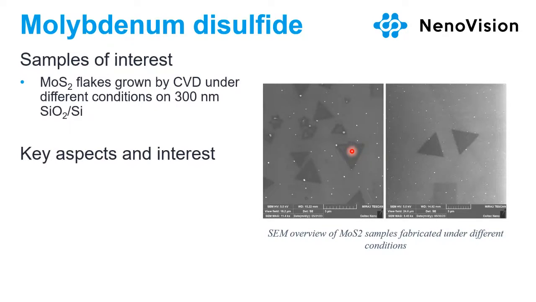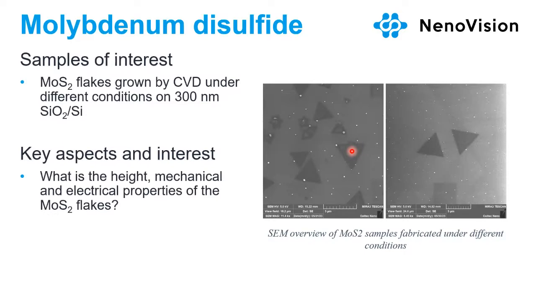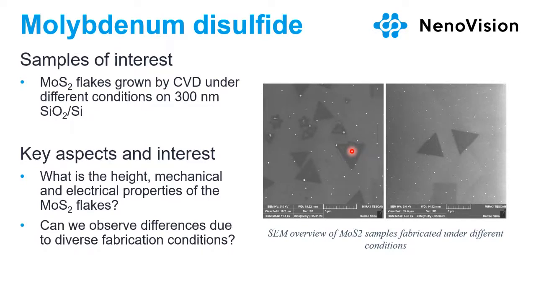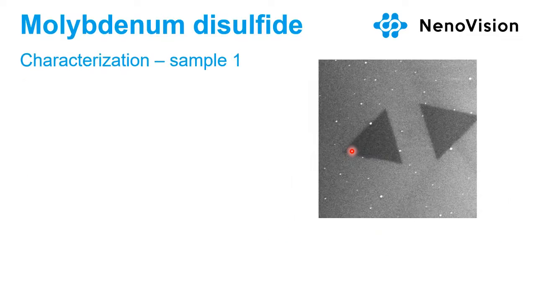Key aspects of interest are: what are the height, mechanical, and electrical properties of molybdenum disulfide flakes? And can we observe differences due to diverse fabrication conditions? This is the beginning of a more in-depth research.